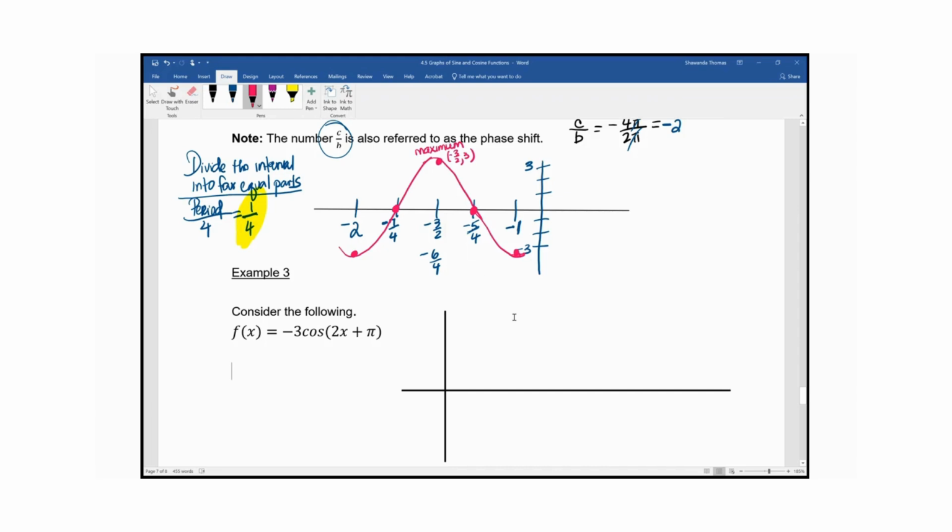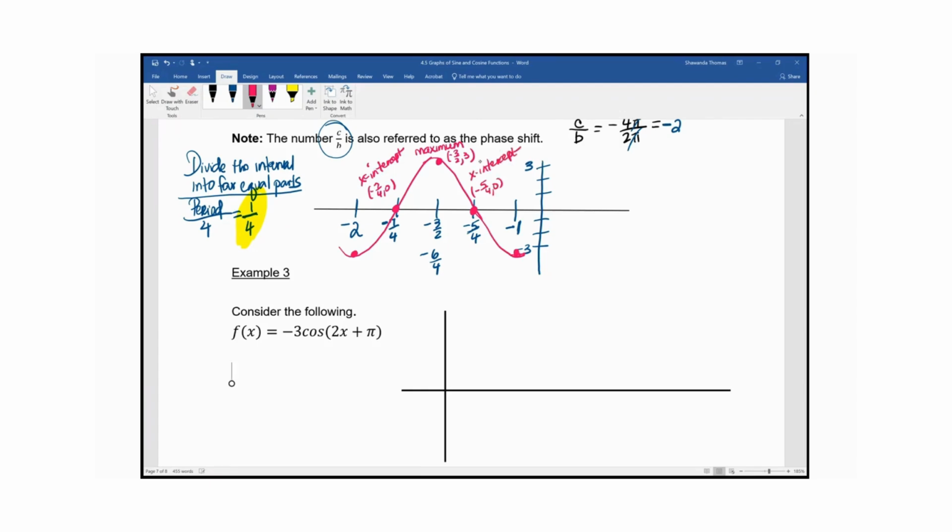You said -7/4. Oh yeah, -7/4. All right. And -5/4. All right, great.